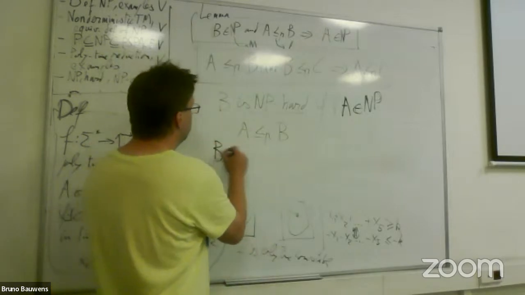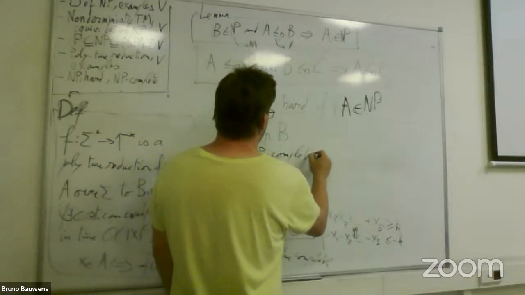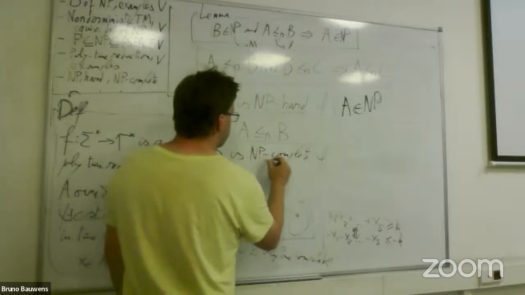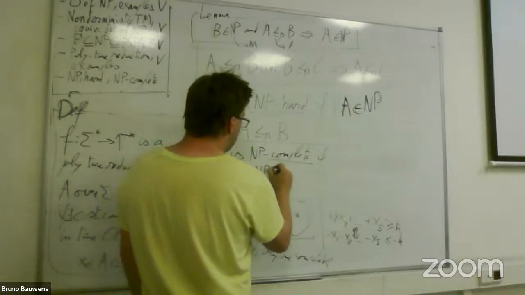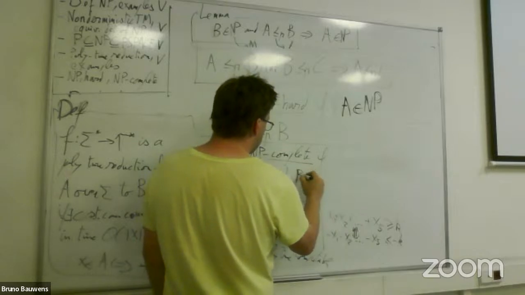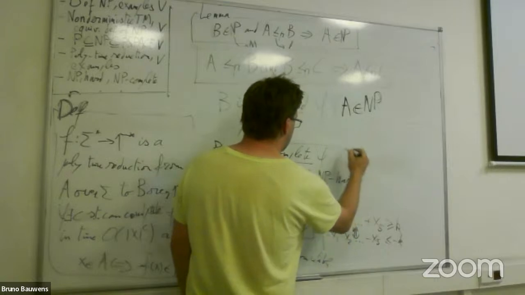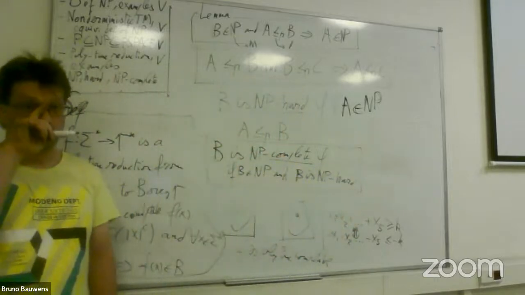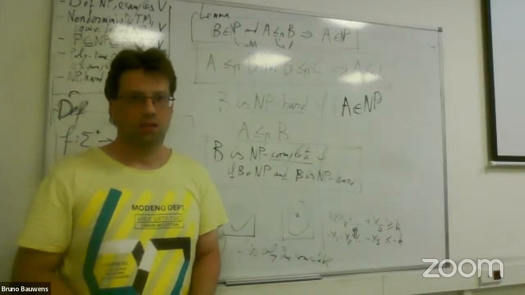And now the last one, B is NP-complete if B is in NP and B is NP-hard. So that's it.